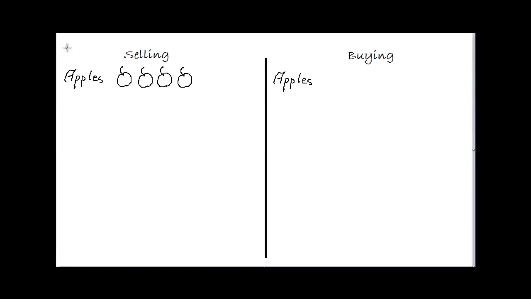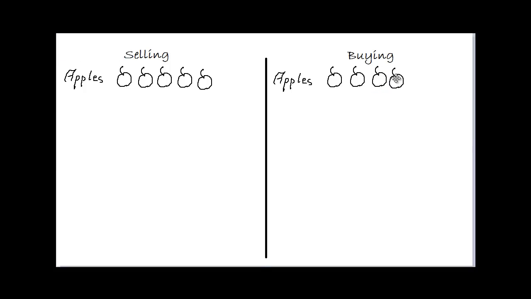It just so happens that on today's market, there's a buyer who wants to buy exactly those same 5 apples. Now you notice I'm using the word buyer and seller in relationship to the particular product that we're talking about here, which is apples.